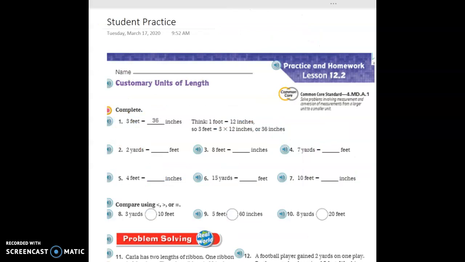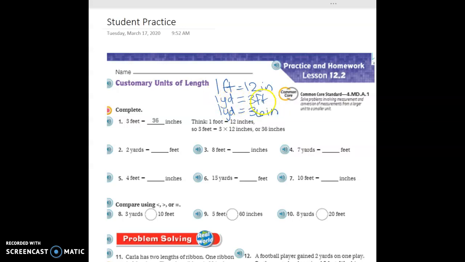Now you're going to go on to the next page, practice and homework. Now, again, the ones that you need to know is that 1 foot equals 12 inches, 3 feet, I should actually write it the other way. 3 feet equals 1 yard, and 1 yard equals 36 inches as well.